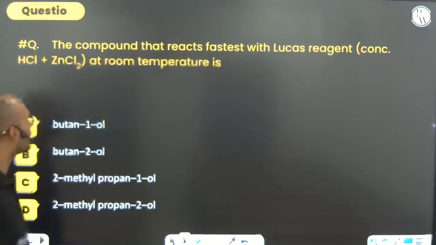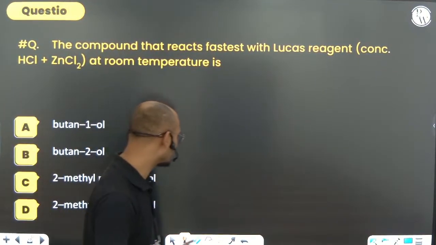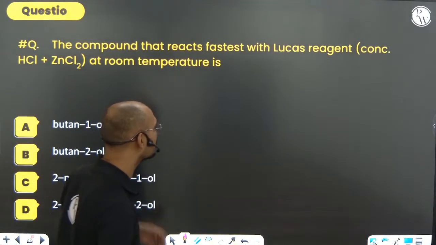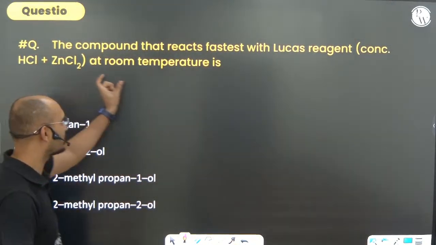Next, the compound that reacts faster with Lucas reagent, in concentrated HCl and zinc chloride at room temperature.